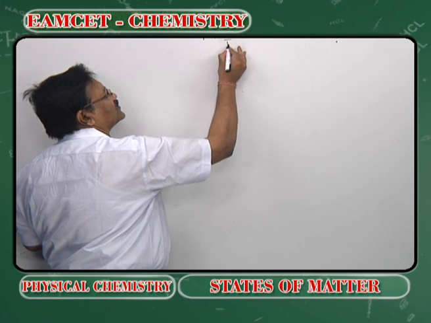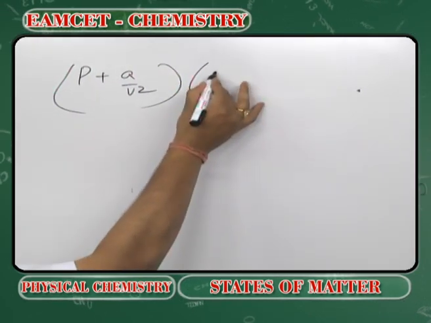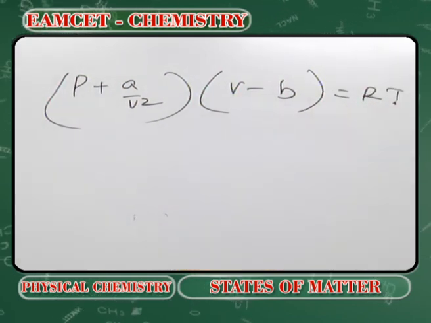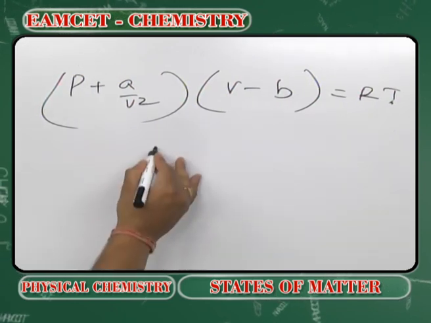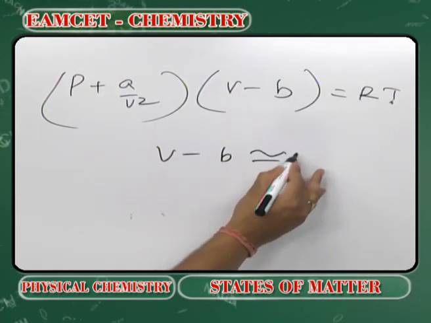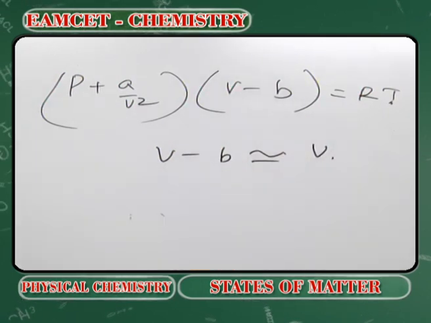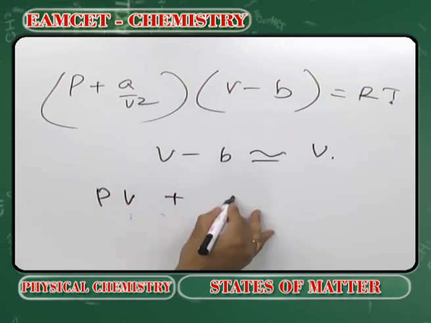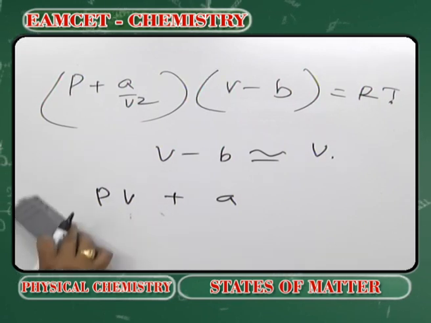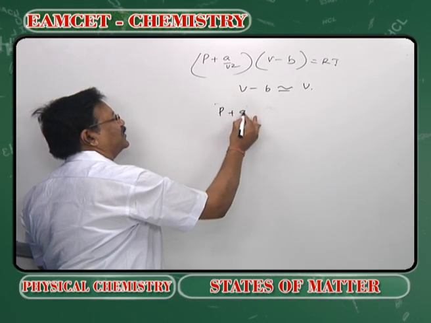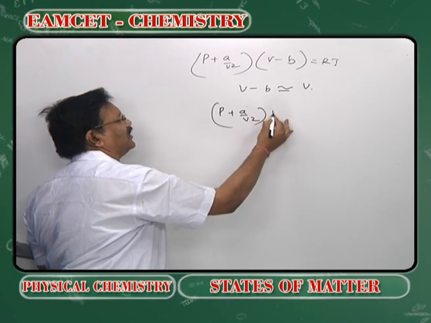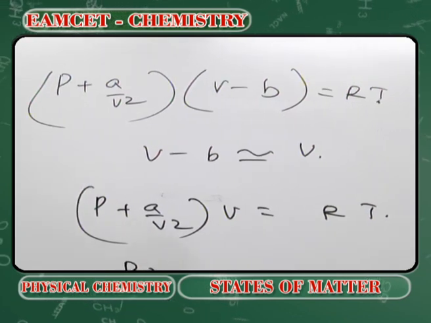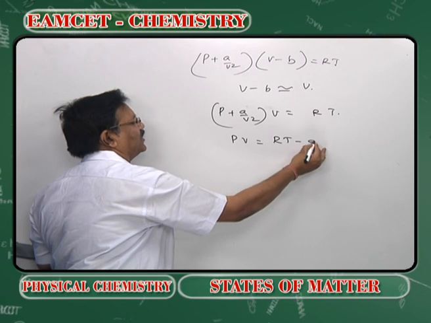At moderate pressures, what is the Van der Waals equation? (P + a/V²)(V − b) = RT. At moderate pressures, V − b will be approximately equal to V. Simplifying it, (P + a/V²)V = RT, so PV = RT − a/V.